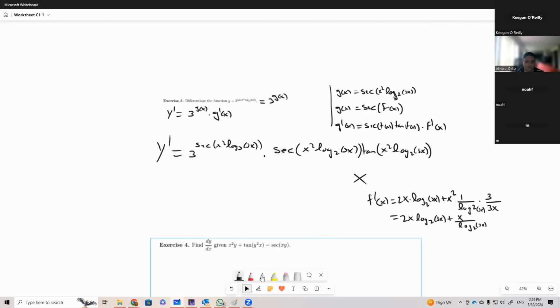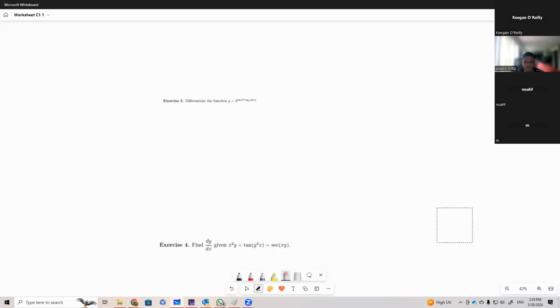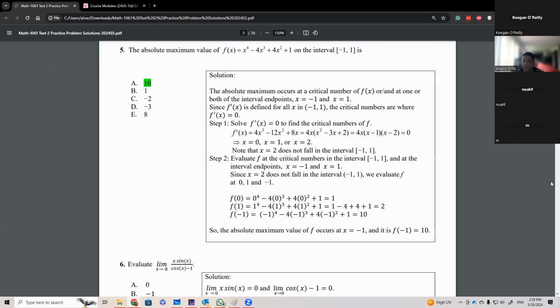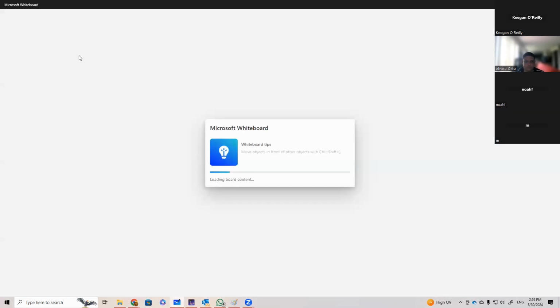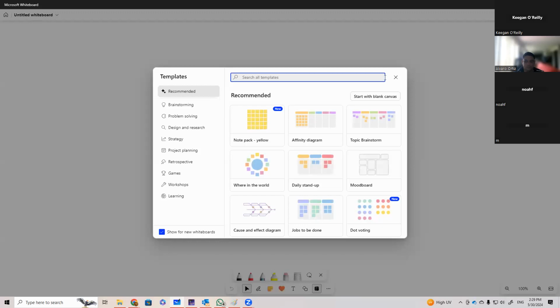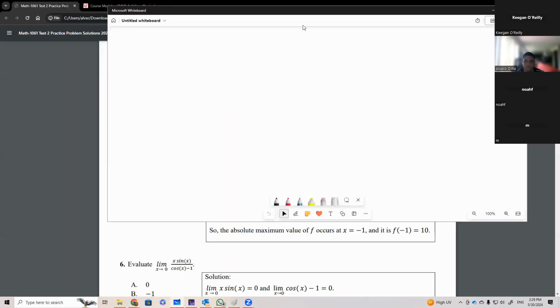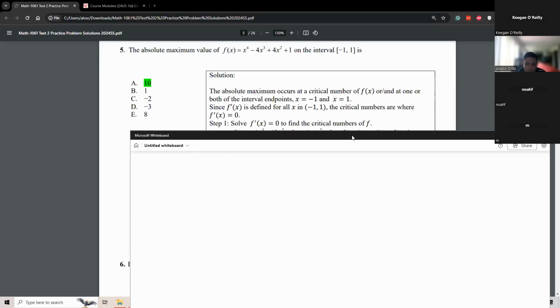And so just, by the way, let me just remove this from here. I'll come back to this later. So normally, when you're trying to find max or mins, you have 2 options.